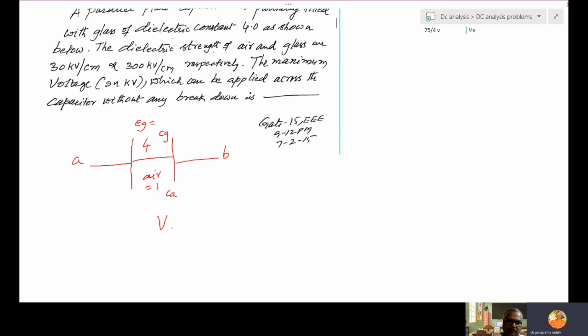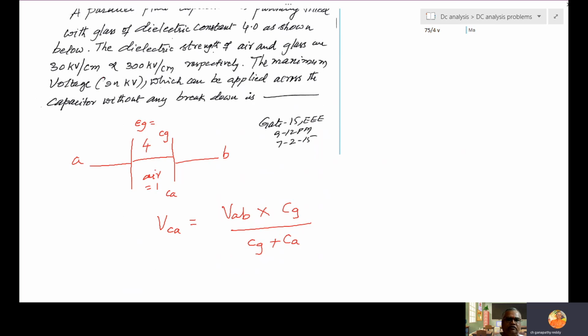So VCA is equal to VAB into CG by CG plus CA. Capacitor with air, capacitor with glass. Glass is the dielectric material. Now, what is the air?